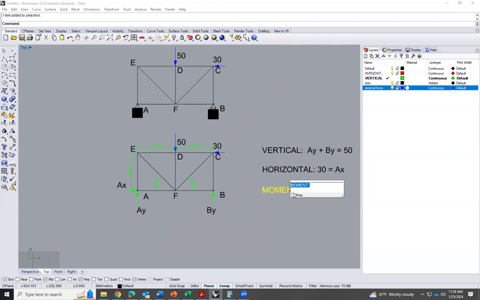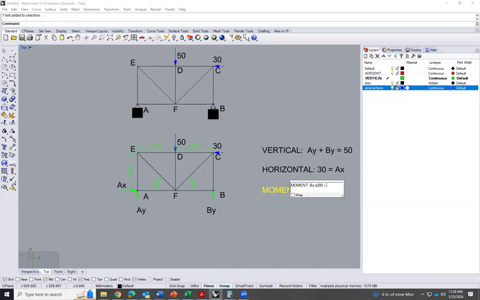So let's do it. What's the effect of BY on that structure? It depends on the distance between BY and point A. And what is that distance? 200. So BY times 200. That moves counterclockwise. 30 moves the structure counterclockwise.